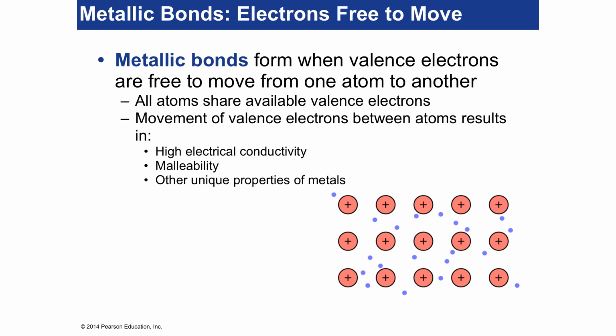Because these delocalized electrons allow them to be pulled and readjusted. You can hammer them into sheets. They're malleable. They usually have rather low boiling points or melting points, so you can... iron takes a lot of heat to melt iron, but it's not impossible to melt iron. You can get a furnace to melt it. So yeah, there's a lot of advantages because of this special kind of bonding.